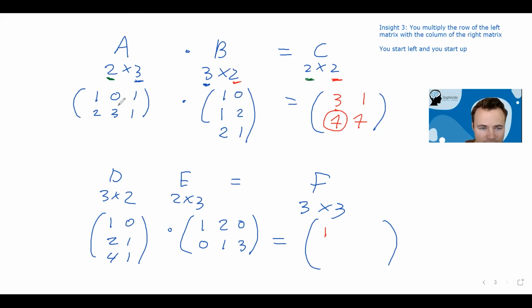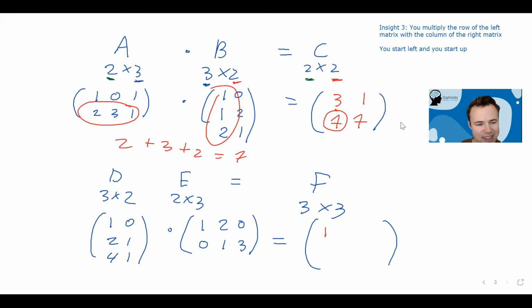Let me check. So that's this row times this column. So 2 times 1 is 2, 3 times 1 is 3, and 1 times 2 is 2. So that gives me 7, right? Ah, yes. No worries. No worries.